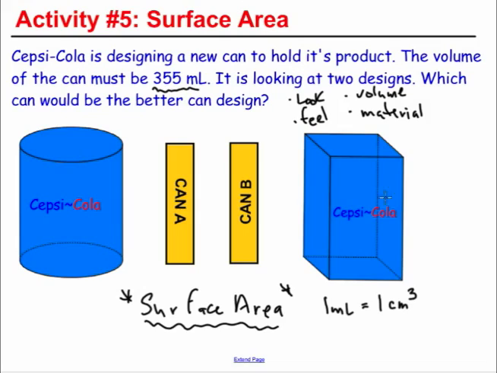If a company is able to save even 1 centimeter square, so this is 1 by 1, in terms of packaging every single day, and for instance, if Pepsi-Cola were to produce 5 million cans each day, and they're saving one centimeter square of aluminum each day, well, think about the money that company can save when designing a can.